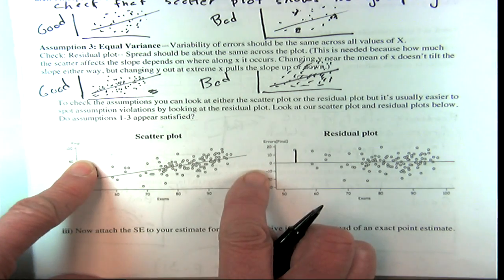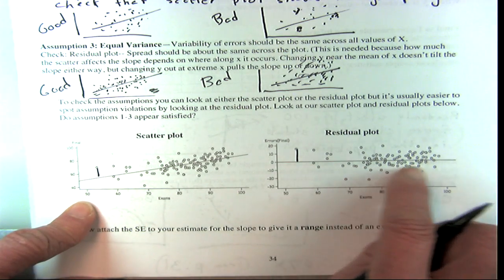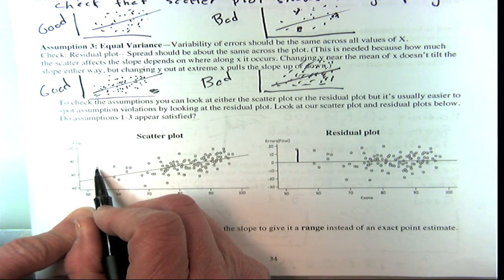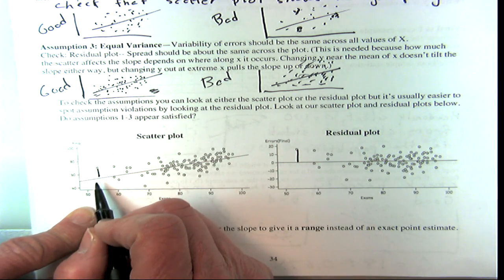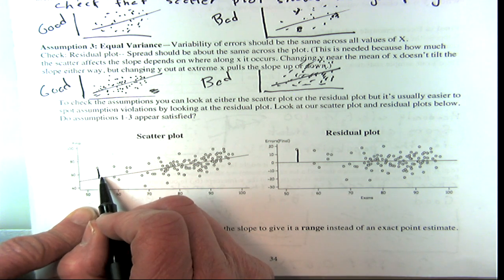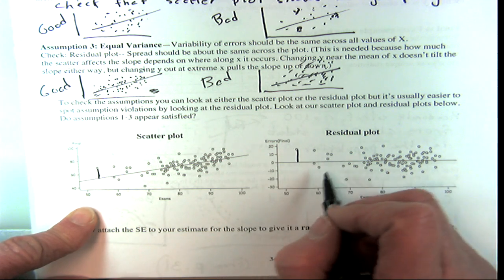You're straightening out this line because the average of all the errors is 0, and you're saying, how far off the line is this? And this looks like it's about 15 off the line, so you can read it more easily.